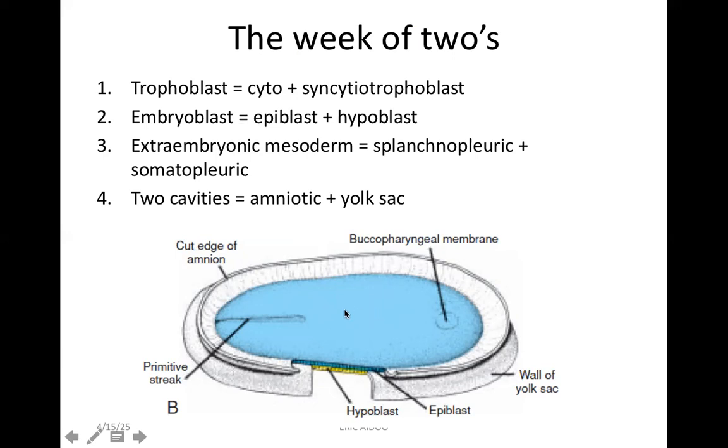That is a space above the blue region, which is the epiblast. That will be the amniotic cavity. And then the yolk sac will be the one below the yellow, that's the hypoblast. So that is the wall of the yolk sac if it is extended. All right. So remember, you have the primary yolk sac and then you have the secondary yolk sac. So that is what we have to bear in mind.